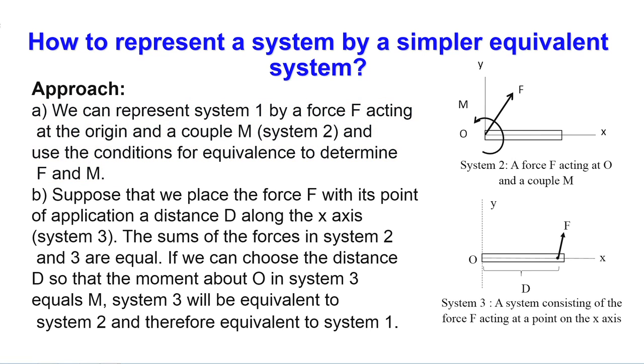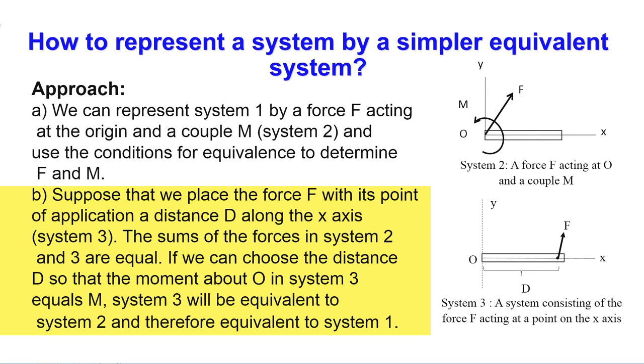That means, system 2 we will find out such that one force F will be applied and a moment which is equivalent to that earlier system, and then we will place that particular F along the x axis of the pipe, and see another equivalent system, system 3.